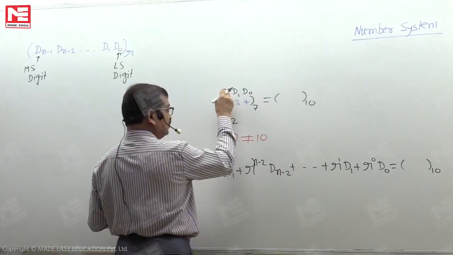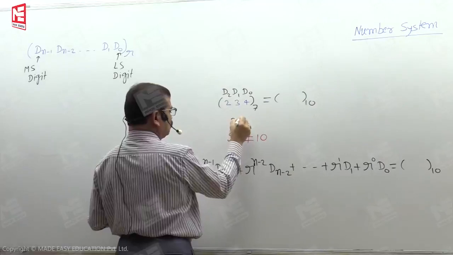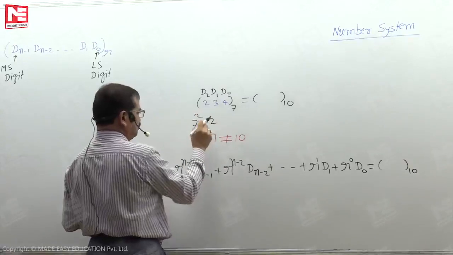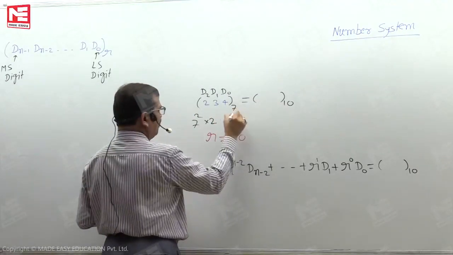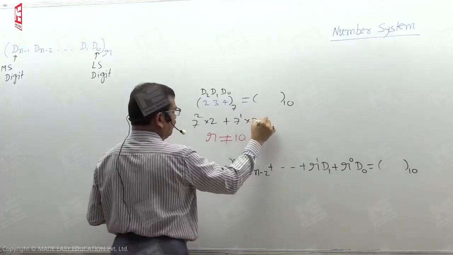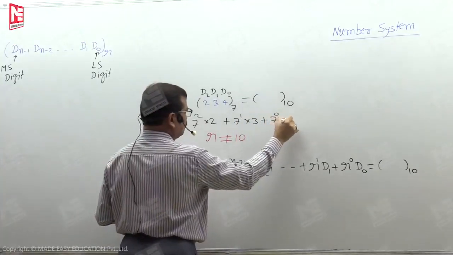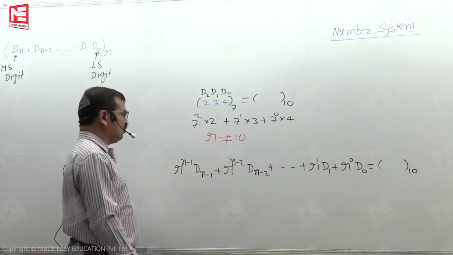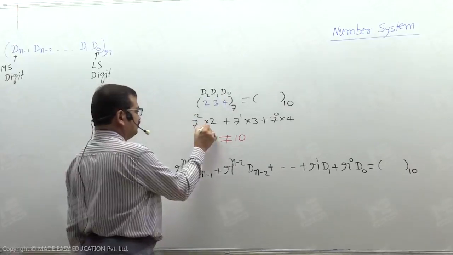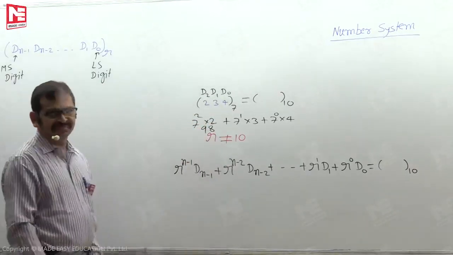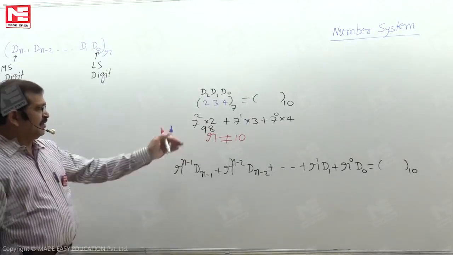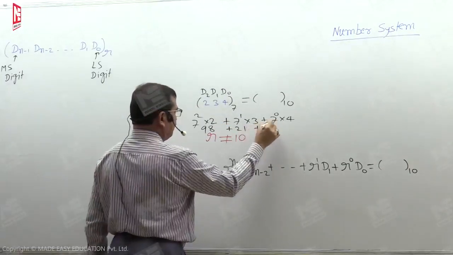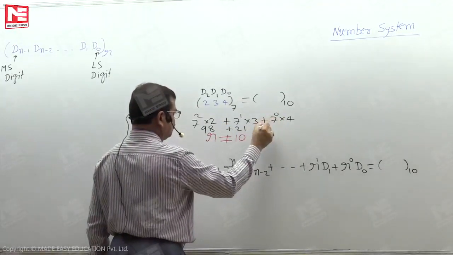Based on this, while evaluating, the suffix for this digit is 2, so that is 7 to the power of 2 into d2, which is 2. 7 to the power of 1, because the d suffix is 1, into 3. Plus 7 to the power of 0 into 4. While evaluating this, we are having its equivalent decimal value. If you work out well, so this is coming to be 98. 7 7s are 49, 49 twos are 98. 7 3s are 21. 7 to the power of 0 is 1, so that it is 4.